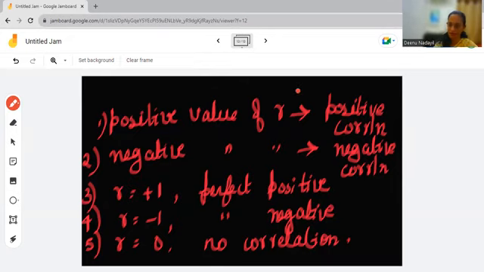So what all have we discussed? What is correlation? What are the uses of correlation? What are the different types of correlation? Positive, negative, non-correlation. And the measurement of correlation. First method is Karl Pearson's correlation coefficient.